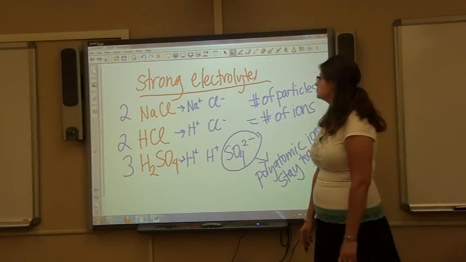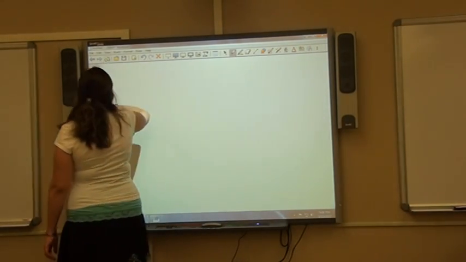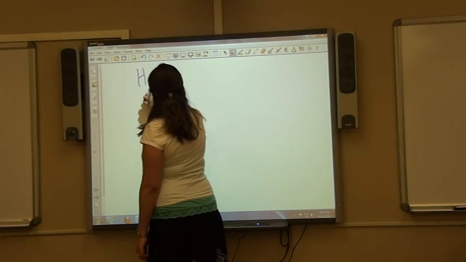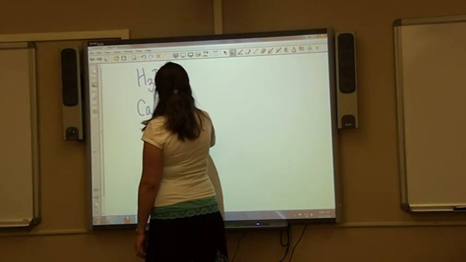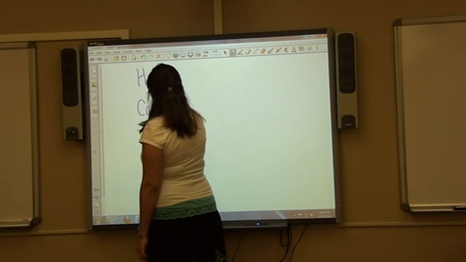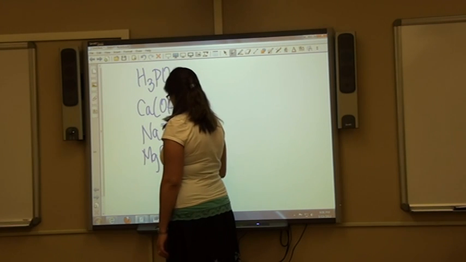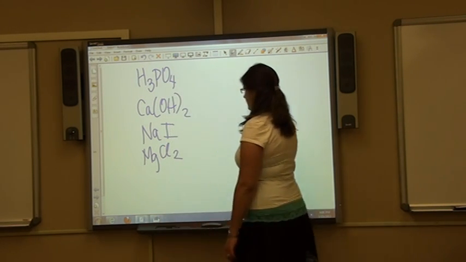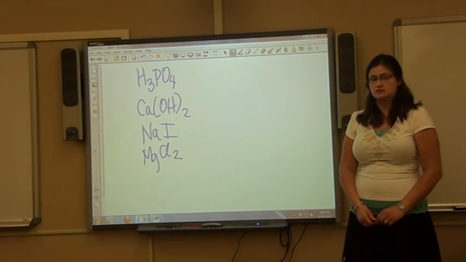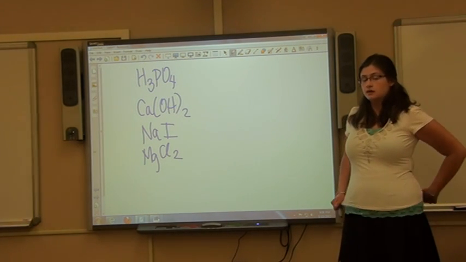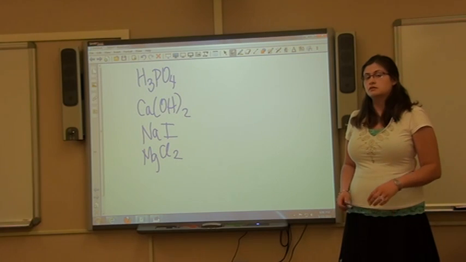That sounds so bad. Let's do some examples. How many ions do you have in each of these compounds? I want you to pause it and think about it, then come back.